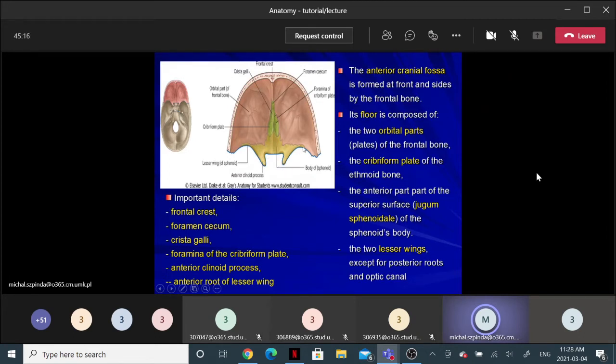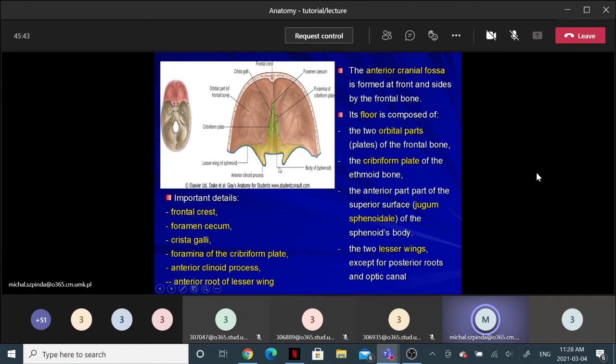So with its lesser wings, but you should memorize that only anterior roots of lesser wings are included in the anterior cranial fossa, except for posterior roots and optic canal.